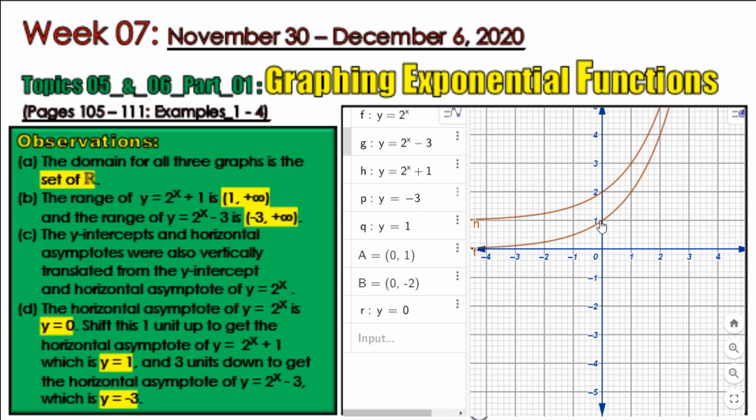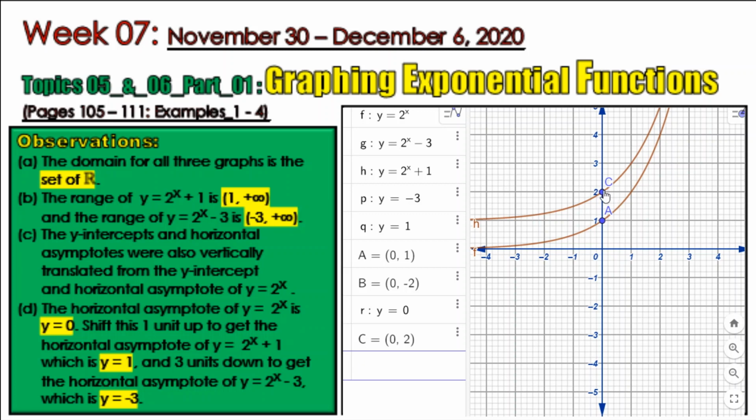The y-intercept of this is (0, 1), and the y-intercept of this one is 2. So the intersection of the graph and the y-axis is (0, 2). When we add 1, it is vertically translated 1 unit upward.